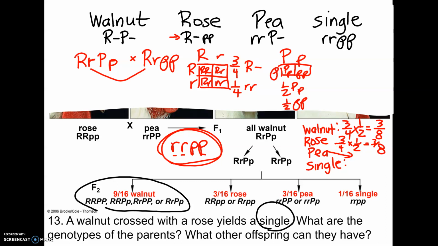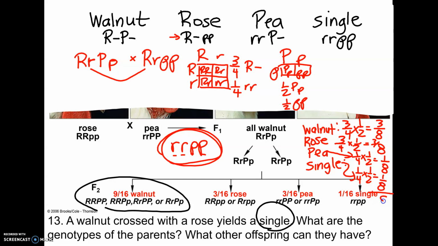Now pea comb. A pea comb is little r, big P anything. Our little r chances were 1/4, and our big P, little p, which is the only other option here, is 1/2. So that's 1/8. And then a single comb has to be all little letters. So there's a 1/4 chance of little r, a 1/2 chance of little p, and that's 1/8.